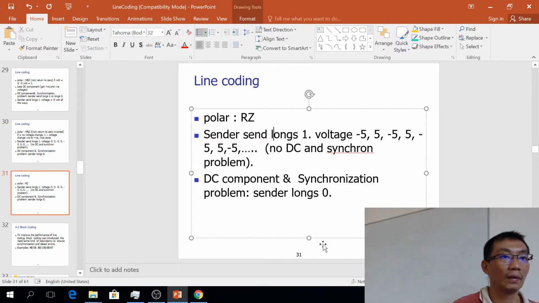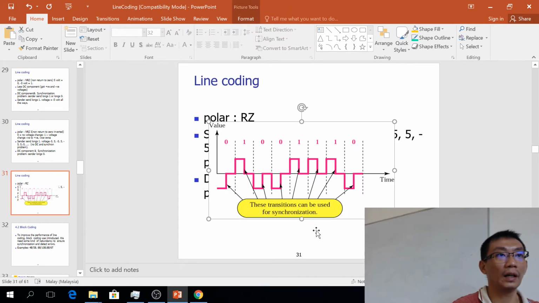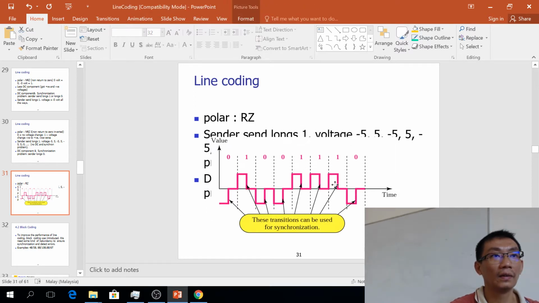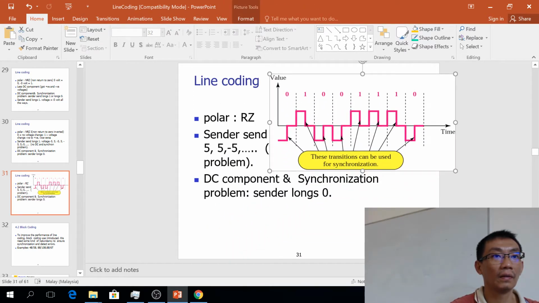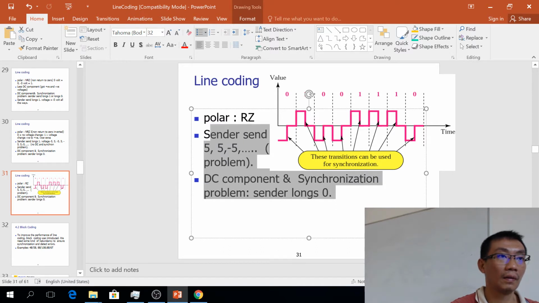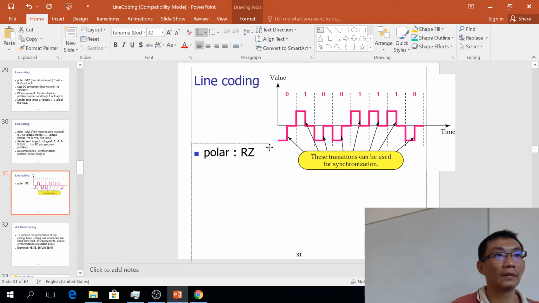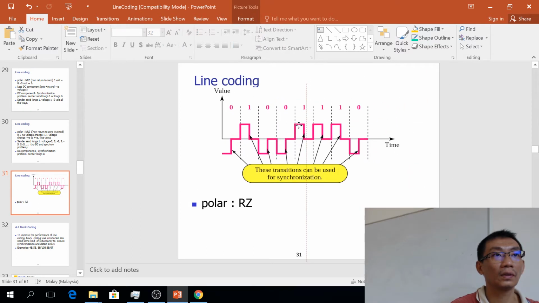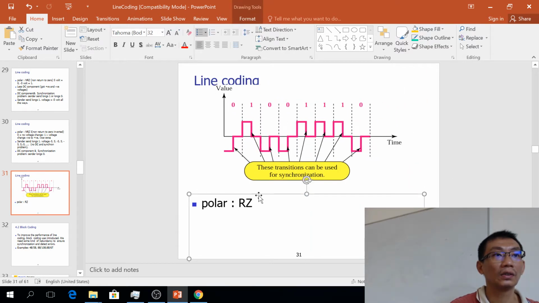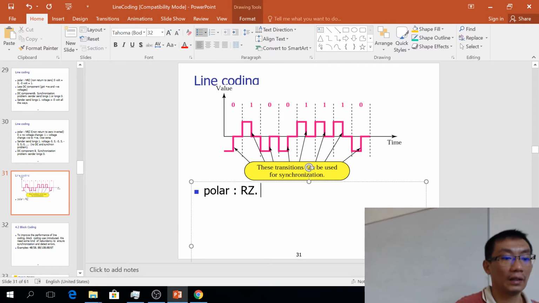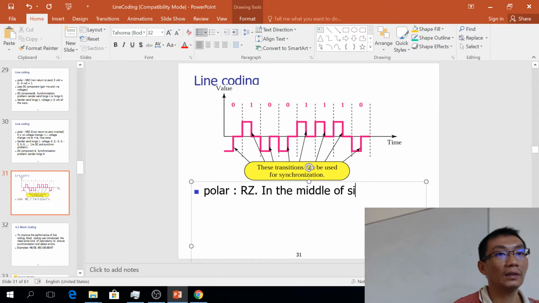Okay, let's paste it here. So you can see here, this is RZ. So you can see RZ. In the middle of the signal, you return to 0.